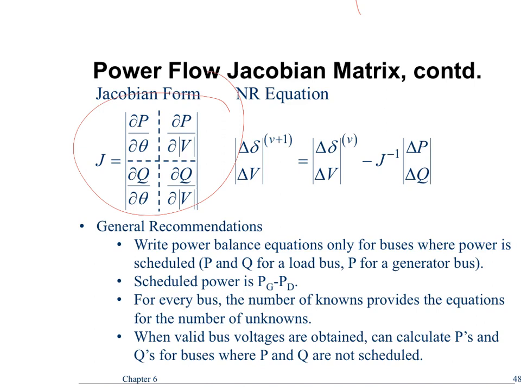If I goose the angle at 17, what kind of sensitivity is going to happen for the power flow at this particular bus? So when you get into more advanced topics or advanced analysis, you look at things called sensitivity analysis.